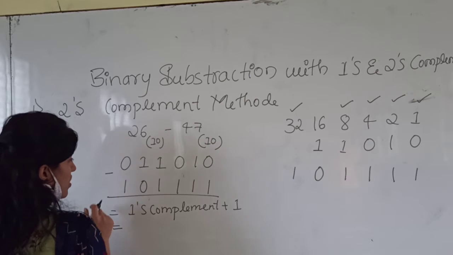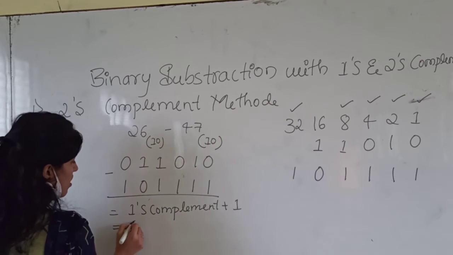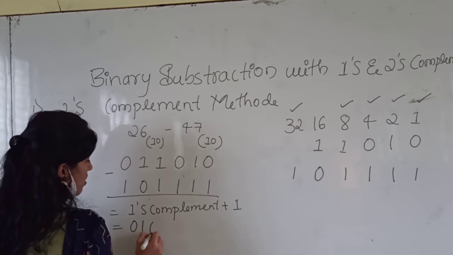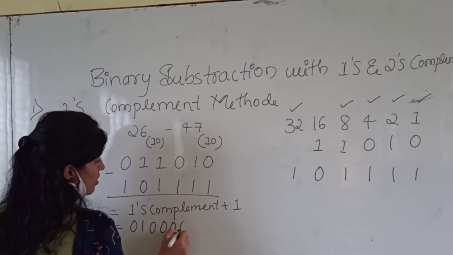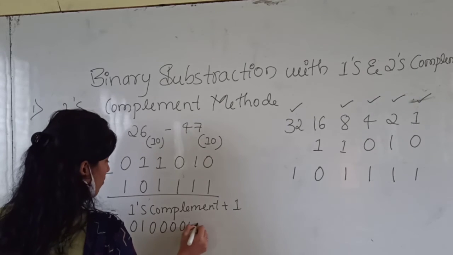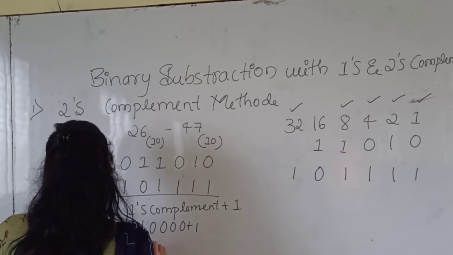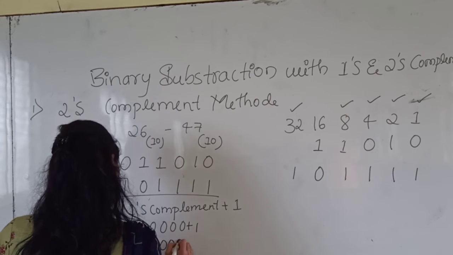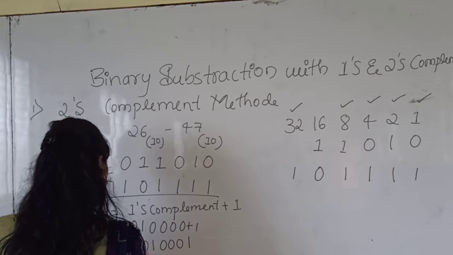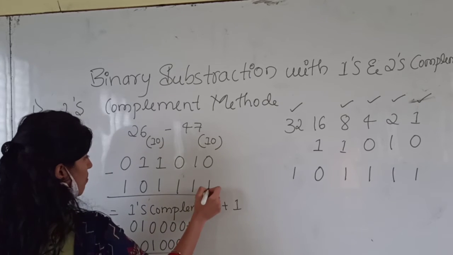What will the 1's complement of this binary number become? 0, 1, 0, 0, 0, 0 and plus 1. Thus it becomes 0, 1, 0, 0, 0, 1. This is the 2's complement of this number.